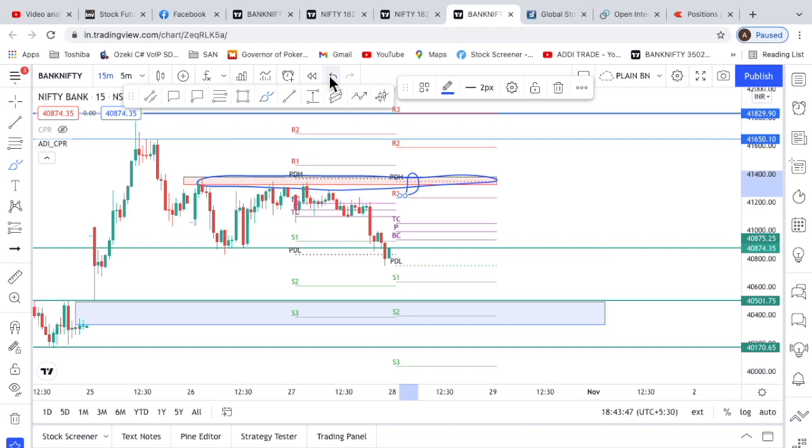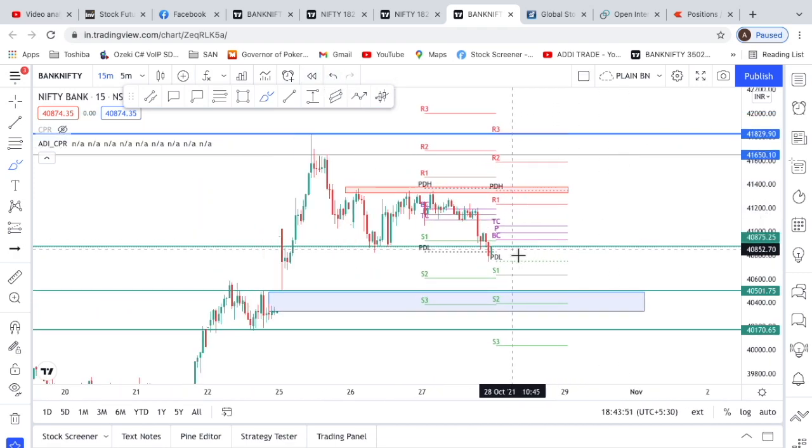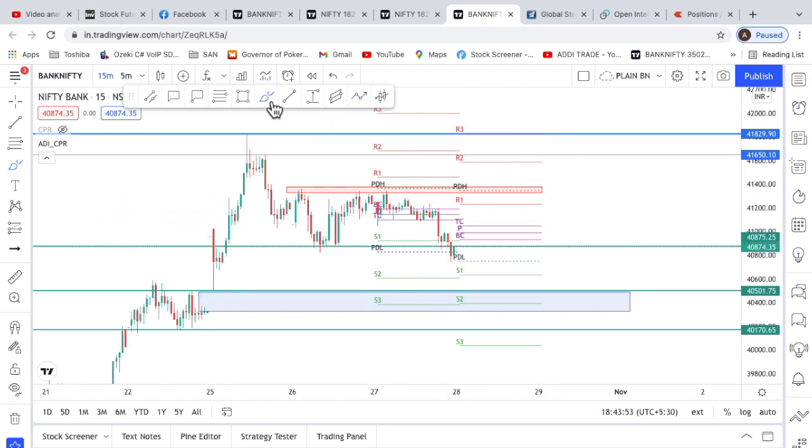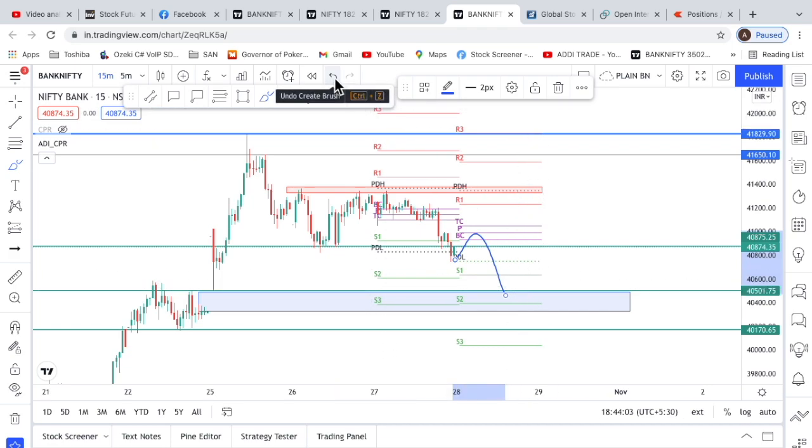But just my view, I can be completely wrong, but I think if we wait for some kind of a pullback tomorrow and then look for a short, maybe we'll have a good trade for option buying. That's what I'll be looking for.